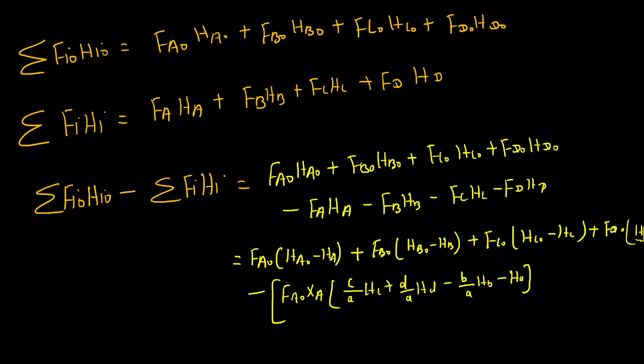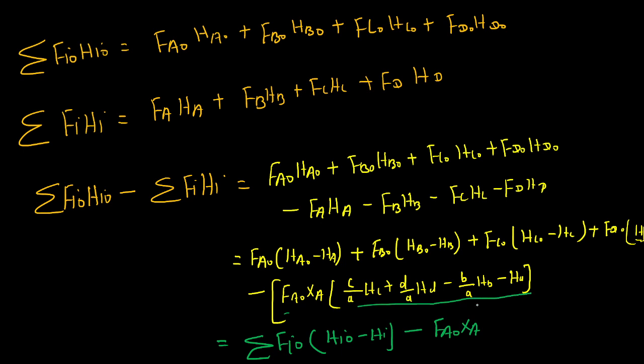So this particular thing can I write here like that, that is equal to summation of Fi naught, Hi naught minus Hi minus Fa naught Xa, and this is the enthalpy of reaction. So can I write delta H of R, right? So summation Fi naught, Hi naught minus Hi minus Fa naught Xa, and that is delta H naught of R, right?